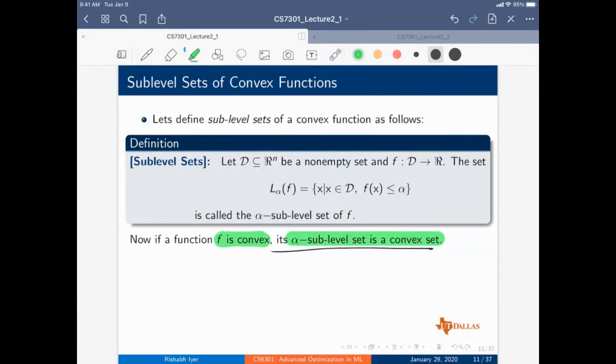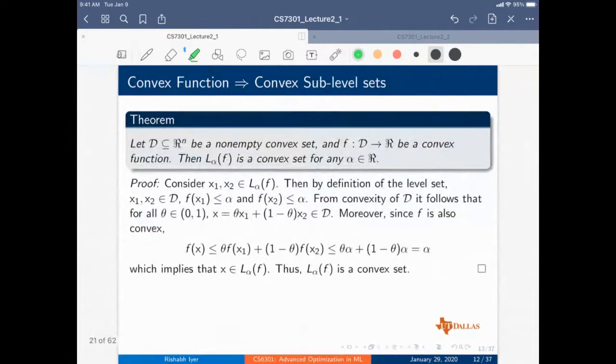I'm not going to prove this right now, but the proof is very similar. This actually holds in one direction only. Yeah, thank you, Professor Chandrasekhar. This holds in one direction only, and we'll talk about why this is not if and only if.